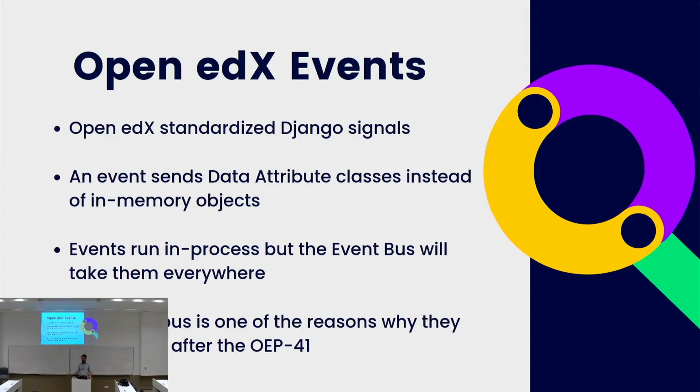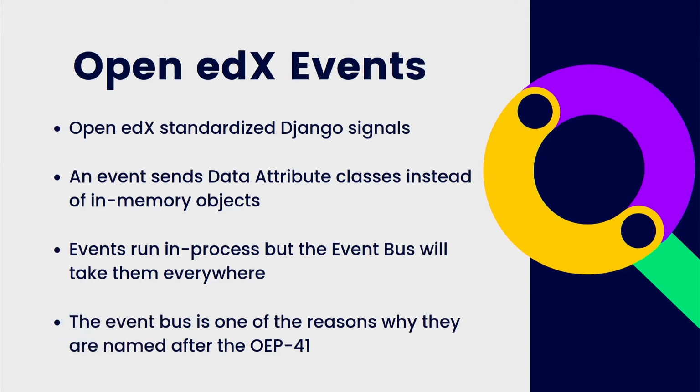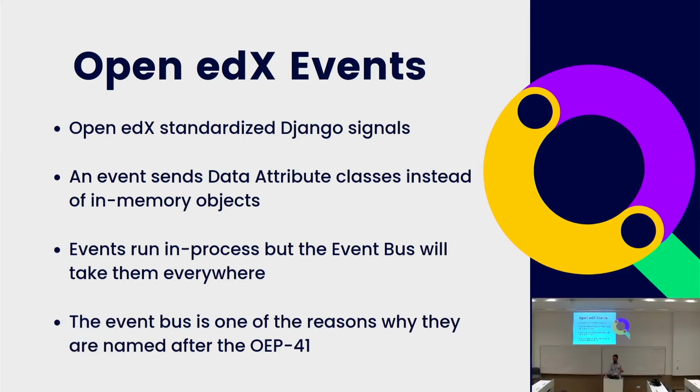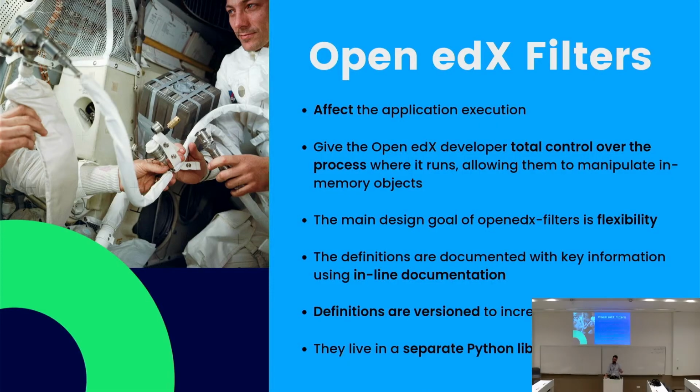Now, on a more technical level, events are standardized Django signals. It's like a high-level signal. We are used to Django signals that are like the model saved, something happened at the database.